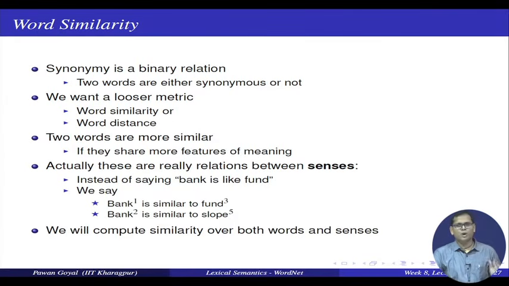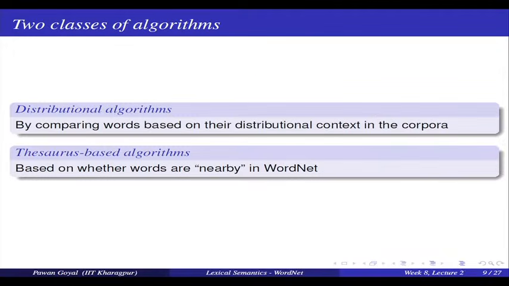Now we will also compute similarity over words and senses both. So let us see how we do that by using the Wordnet hierarchy and any other information that we have. This is something that we have talked about earlier: if I want to find out similarity between words, there are two very popular methods. One is by using distribution algorithms, which we discussed in detail last week, where I can find out the distribution patterns of two words and compare those.